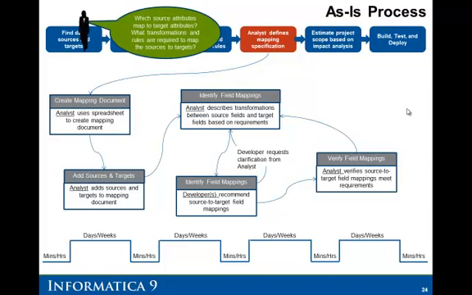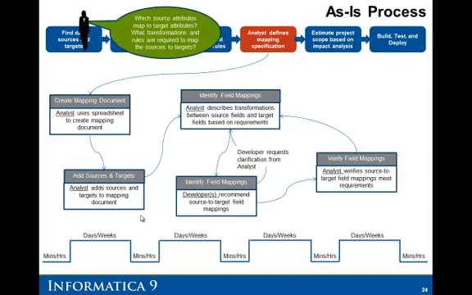The analyst would typically do this in a spreadsheet, such as Excel. They're going to create this mapping document, and within it, the analyst will add sources and targets, typically the sources to the left, targets to the right, and provide some textual description in one of the columns to describe how the source field should map to the target.